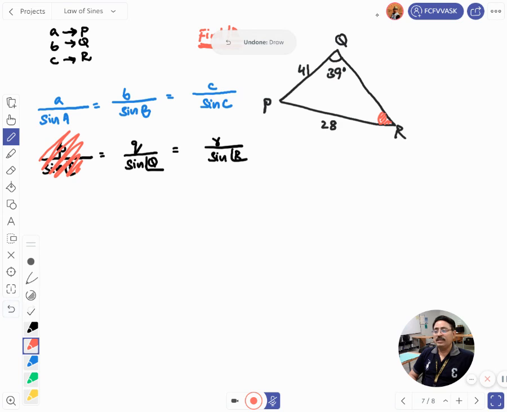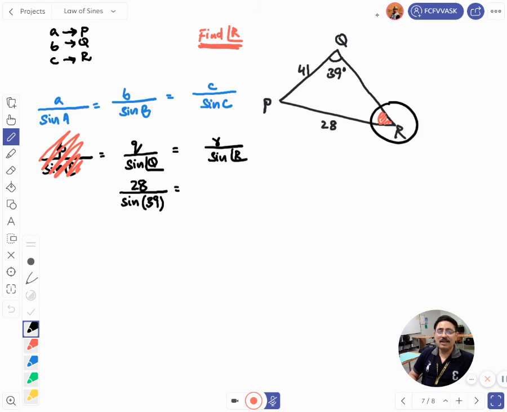The side value is 28 over sine angle Q, where the angle is given as 39 degrees. Next, angle R, opposite to that the side given is 41 over sine angle R. In fact, you are asked to find the value of the angle R.